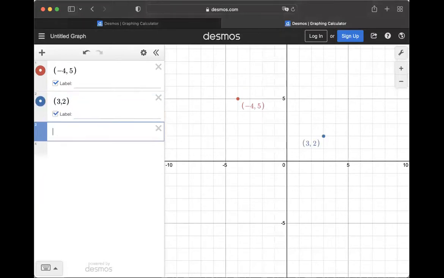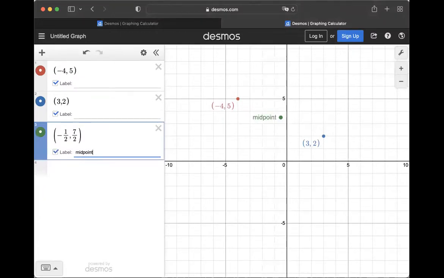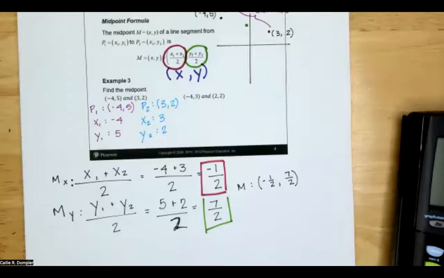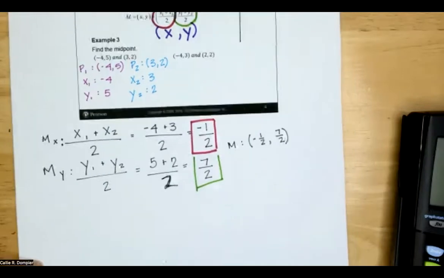And then is the midpoint -1/2, 7/2? It looks like it, right? So you can always do that.